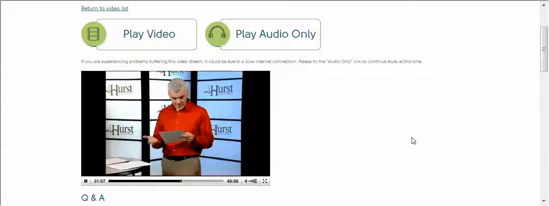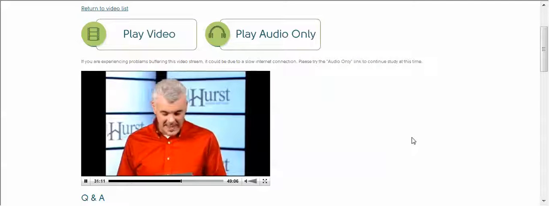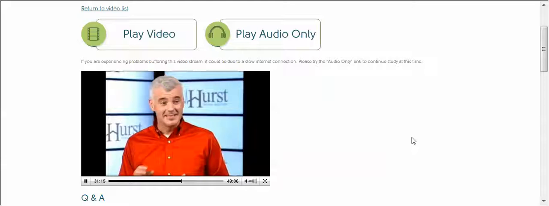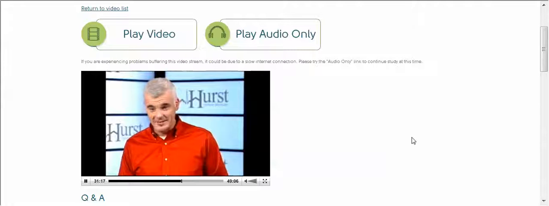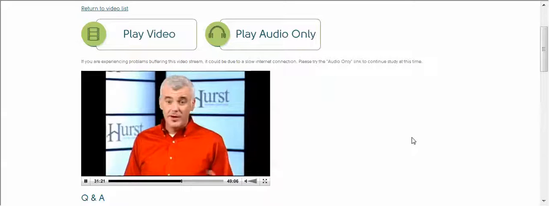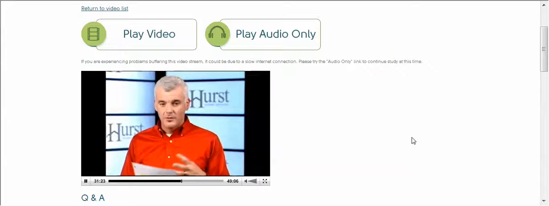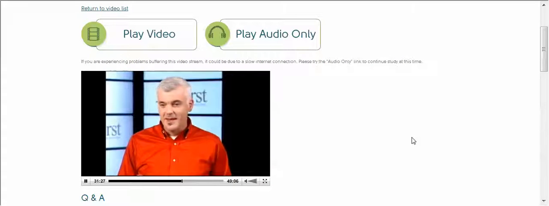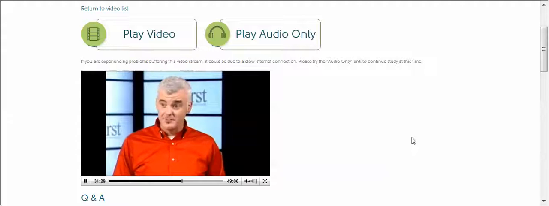Now, the next question talks about electrolyte imbalances. Okay, the client's serum potassium level is 5.8. Where should we find most of our potassium? Inside or outside of the cell? Okay, inside. If someone has been burned, though, what happens to their cells? Well, yeah, they rupture or they lyse. So what happens to the amount of potassium found in the serum?